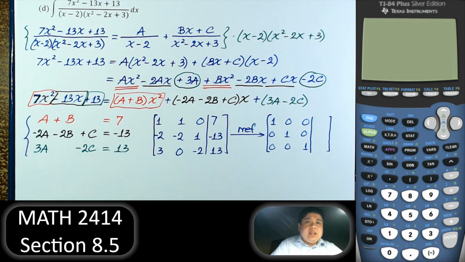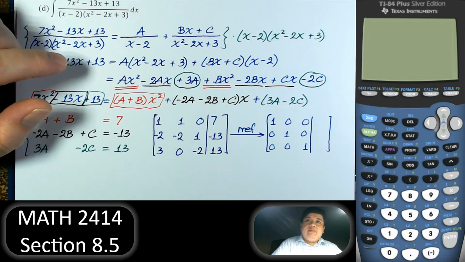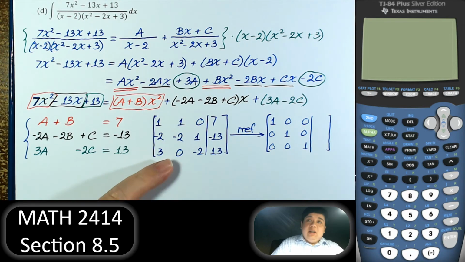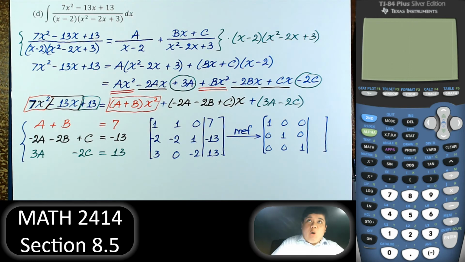So second matrix, math, reduce row-echelon form, 3 rows, 4 columns. That's good. 1, 1, 7. If this is more complicated, then we might have a few more coefficients, but like I said, this is complicated enough.